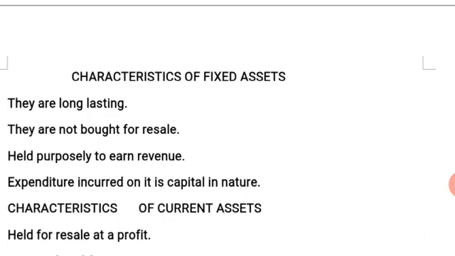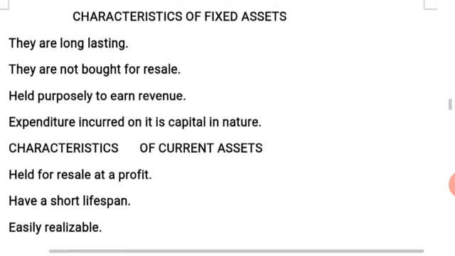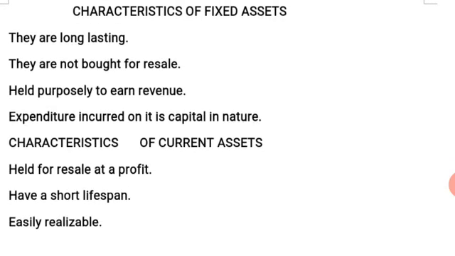They are not bought for resale, so they are not meant to be sold in the course of business. They are held purposely to earn revenue, that is, they are held to produce means of earning revenue for the business. Then any expenditure incurred on fixed assets is capital in nature. That is, it is not revenue expenditure, it is capital expenditure.